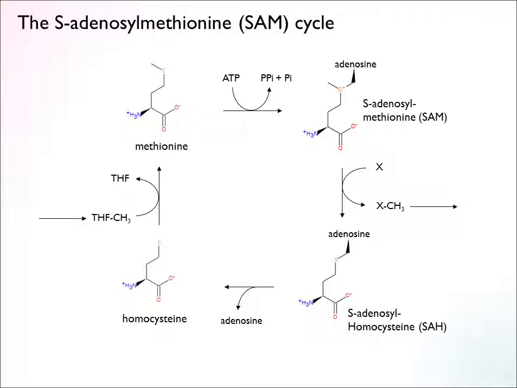This is a little unusual reaction, because it uses ATP, but it releases all the phosphate groups in the form of a pyrophosphate and a single phosphate, in one reaction mechanism. And it's only the adenosine group that is attached to methionine. So this molecule, SAM, is the major methyl donor in cells. This is the methyl group that is used for all methylation reactions, really.